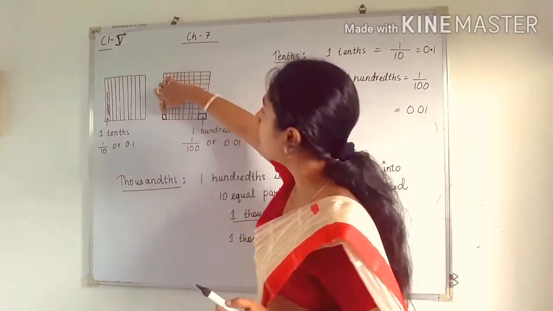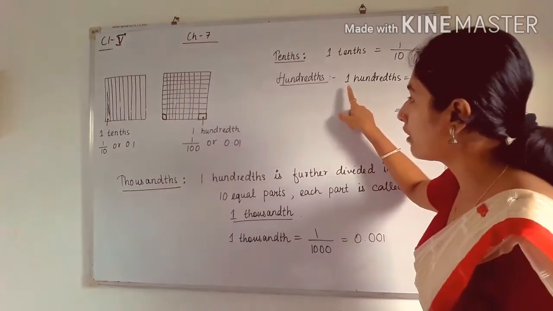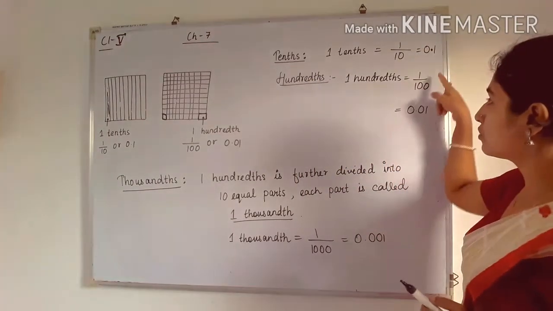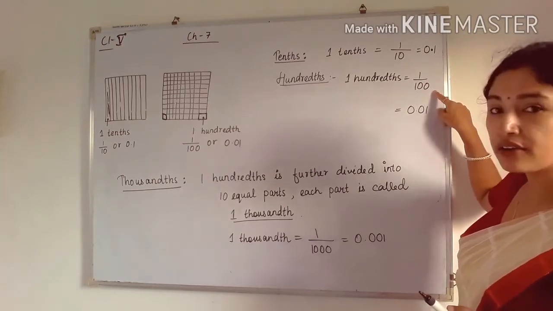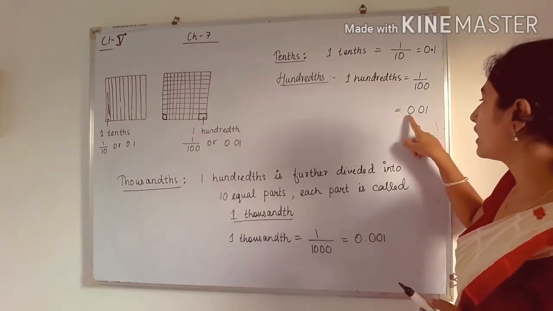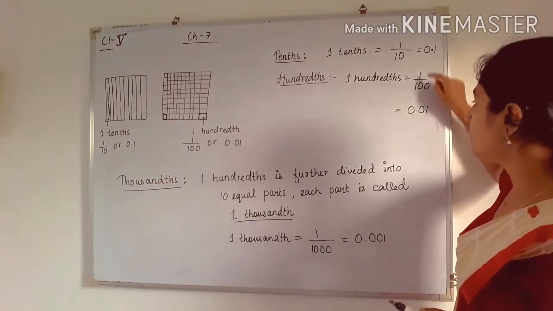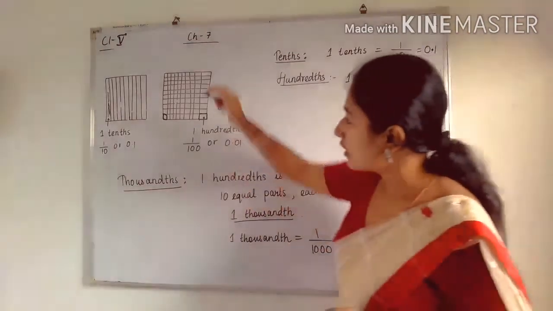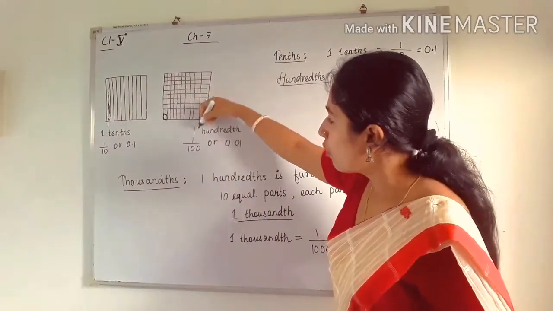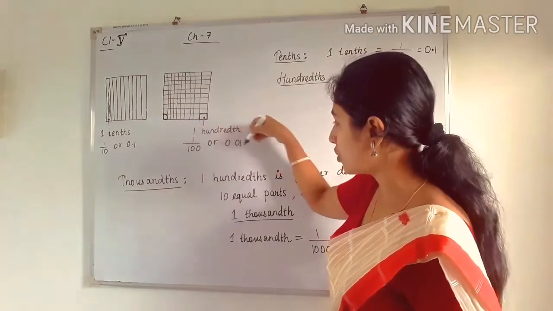Each part is called hundredths. In fraction we represent it as 1/100, and in decimal we write it like this, 0.01. Similarly, if 2 is there, then we write 0.02, and so on. Each part is called 1/100, in fraction 1/100 or in decimal 0.01.